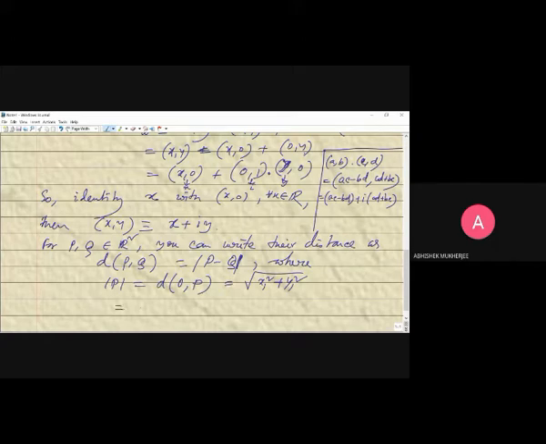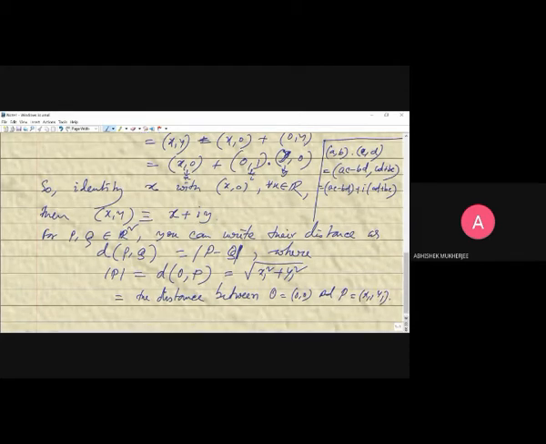So this is the distance between the origin 0, 0 and P, x1, y1.